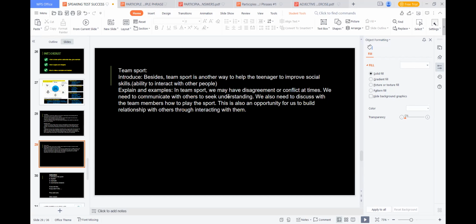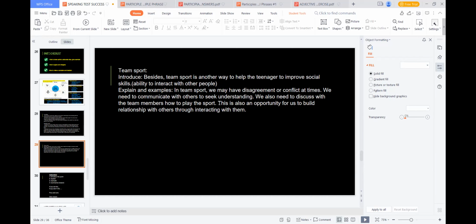In team sport, we may have disagreement or conflict at times. We need to communicate with others to seek understanding. We also need to discuss with the team members how to play the sports. This is also an opportunity for us to build relationship with others through interacting with them.